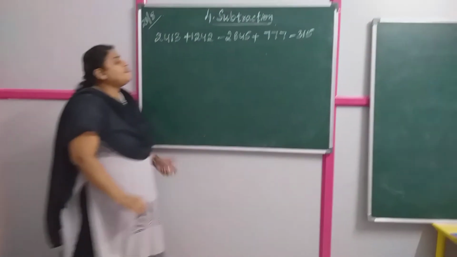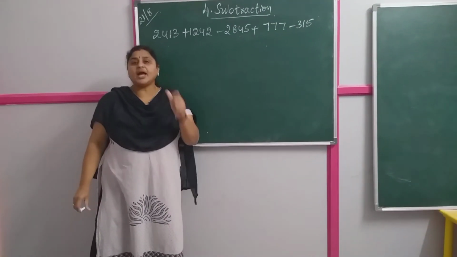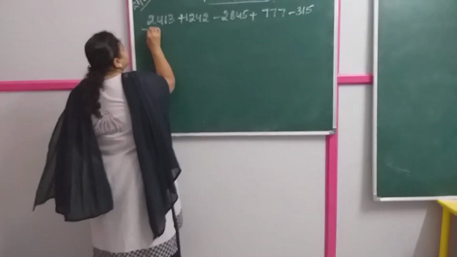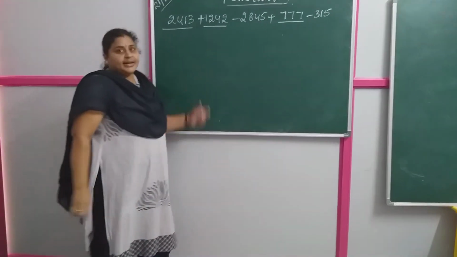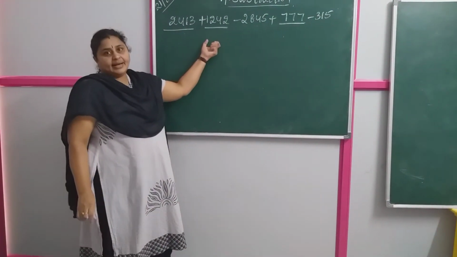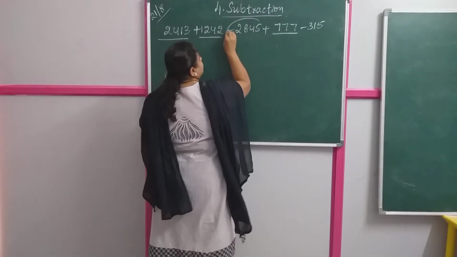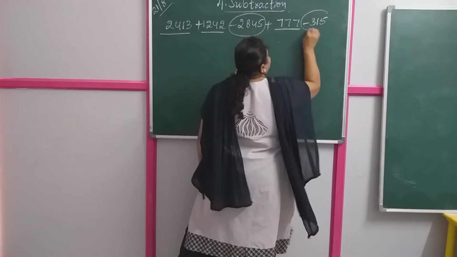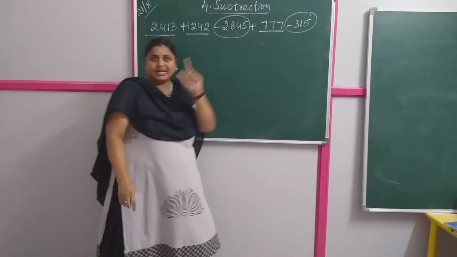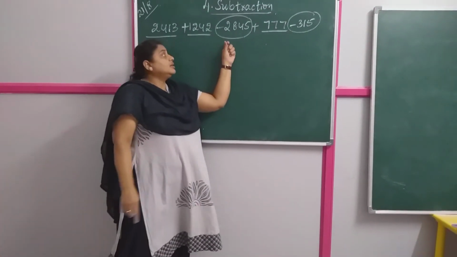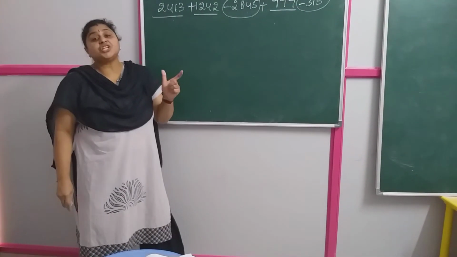Okay children, now first you underline what all the numbers we have to add. Let us underline the numbers to be added and let us circle that has to be subtracted. So I have underlined the numbers that have to be added and circled that has to be subtracted.